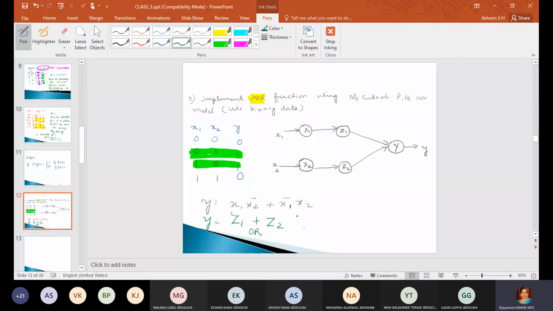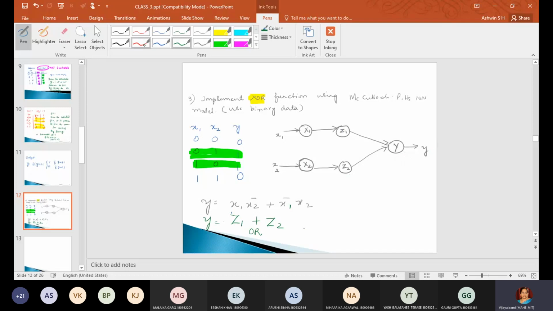Okay, that is why what I have done here is, apart from the input, I have two more neurons here, which we call z1 and z2. That is why my model diagram is like this. Apart from x1 and x2, I have z1 and z2, and this will give you y, the final output.